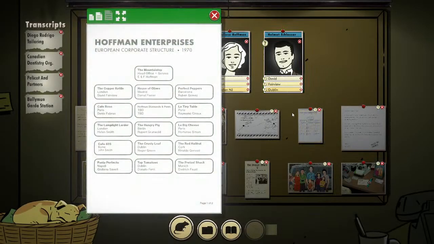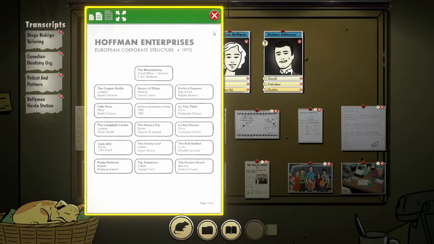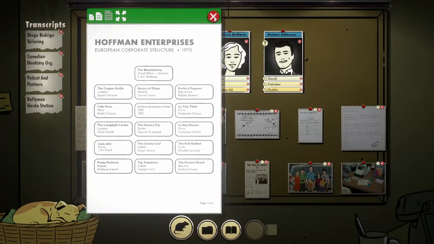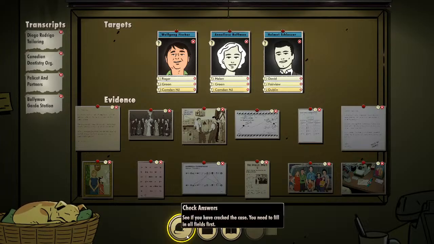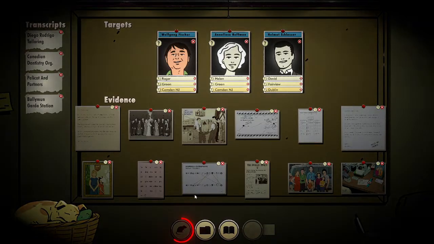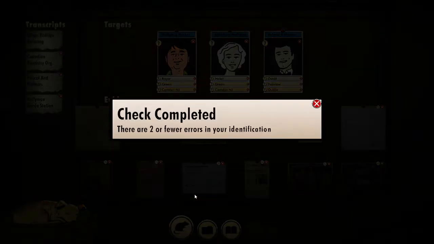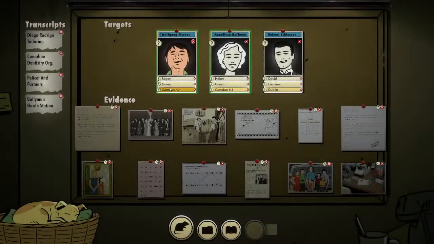This is everything that I could have short of just getting the answer. But it's not Camden, right? It can't be Camden, because otherwise I shouldn't have had 3 wrong just now. Can I check that I have 2 wrong? I suppose. There are 2 or fewer. Yep, it's both of these Camden, New Jerseys. But where do they actually live?